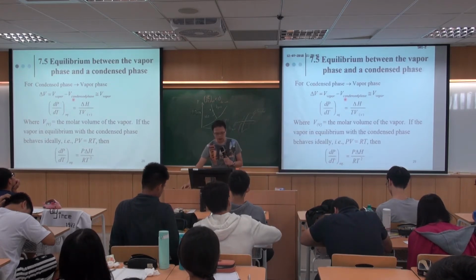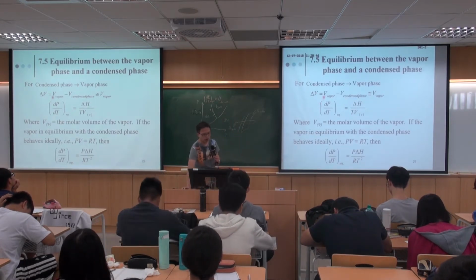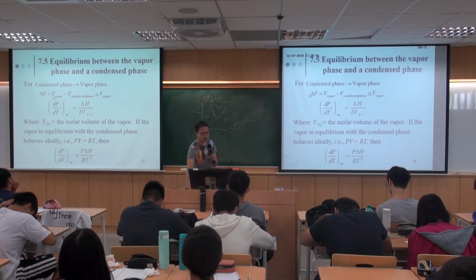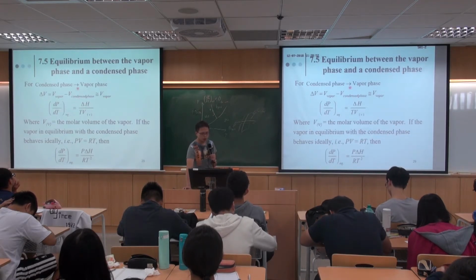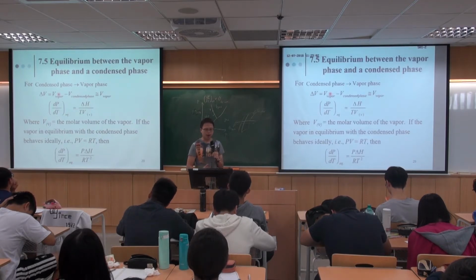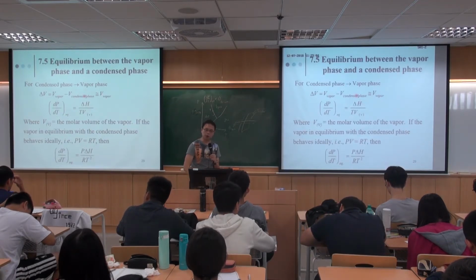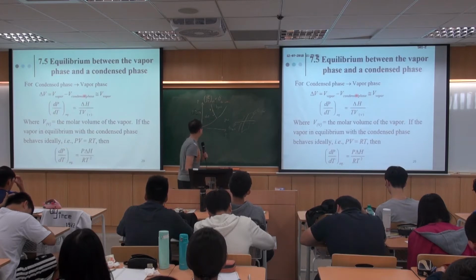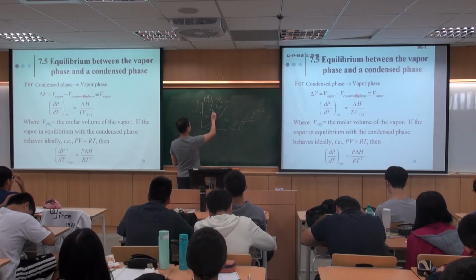So in that case, if you're still using the same derivation process, you'll see that delta V is actually close to the volume of vapor. Because when you're dealing with the phase transformation from condensed phase into the vapor phase, the volume is always much greater than that for the condensed phase, either liquid or solid. So previously, we were dealing with the phase transformation from solid to liquid.